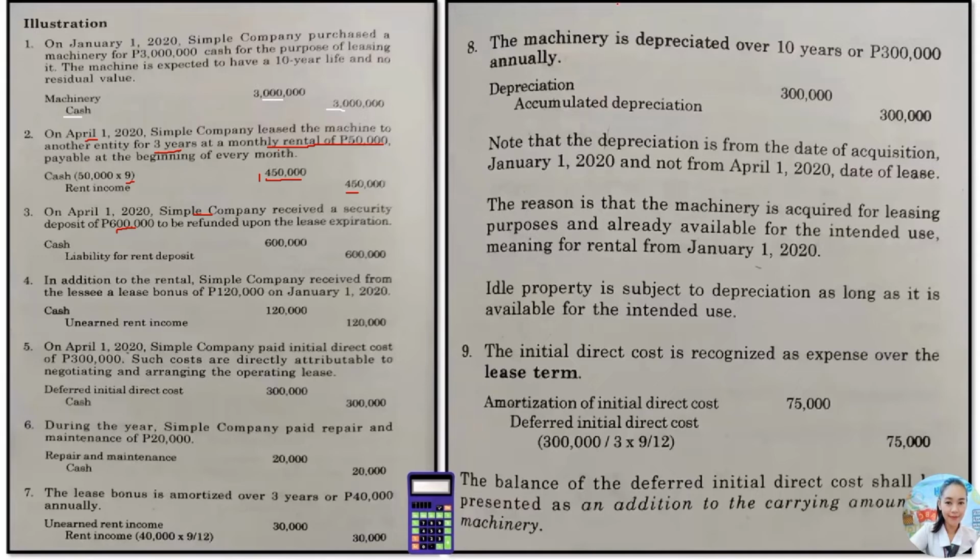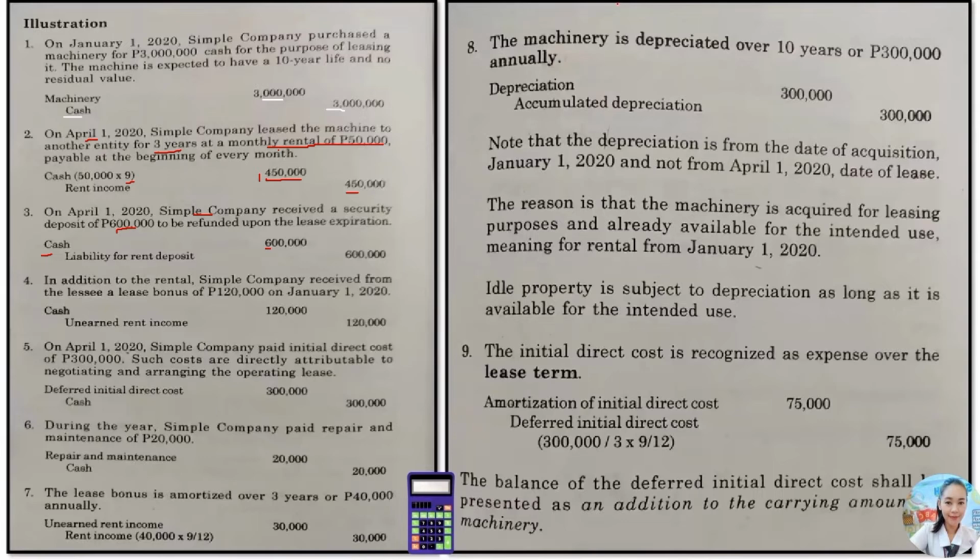But then that moment nga na-receive ni Simple Company ang 600,000, i-account na niya. So naka-receive man siya ug cash. So Simple Company will have to debit cash 600,000 and then credit liability for rent deposit nga 600,000.